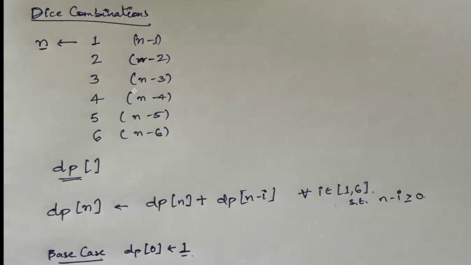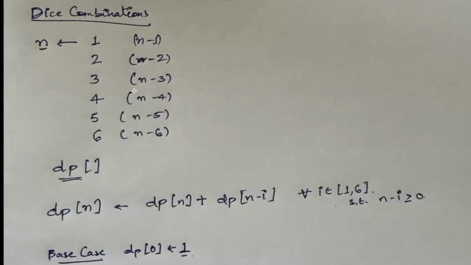So one way is to get 1 and then add the number of ways by which you can obtain n minus 1. Similarly, if you get 2, you want to add the number of ways n minus 2 could have been achieved. And so on and so forth for 3, 4, 5, and 6.